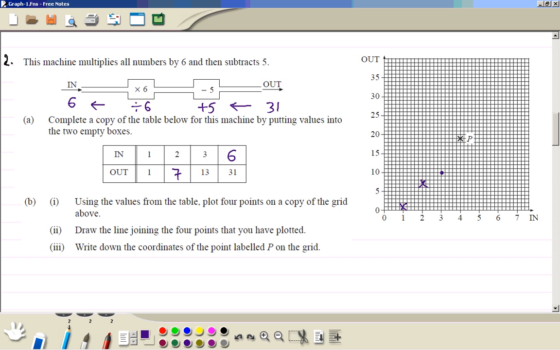So this is 10, 11, 12 and 13. Then 6 goes with 31. So we go along to 6, and here's 30 and 31 is here. Now we can join these points with a straight line. That's part 2.